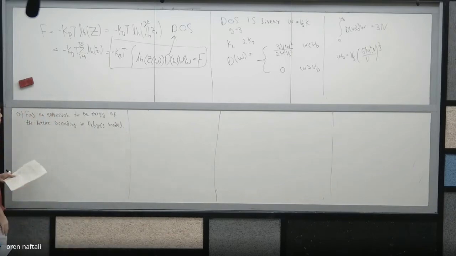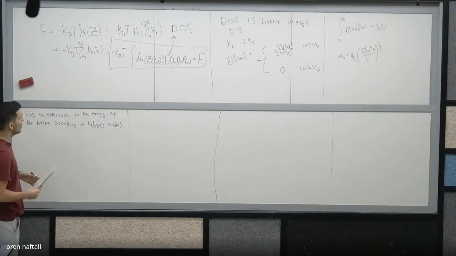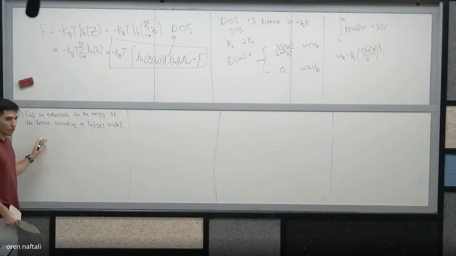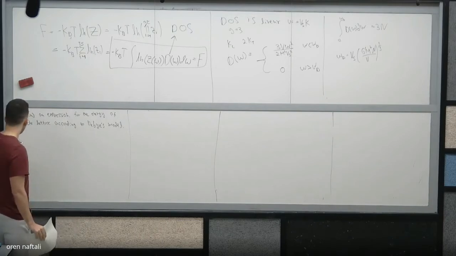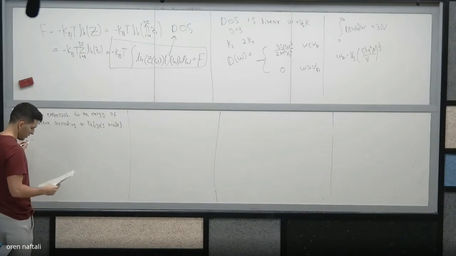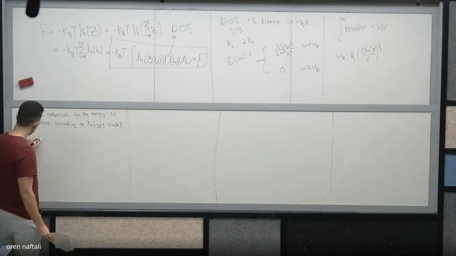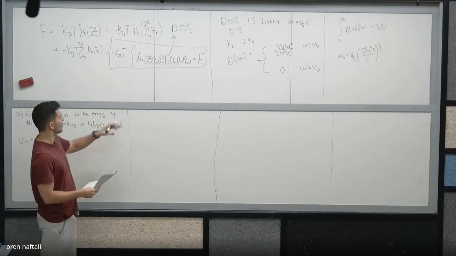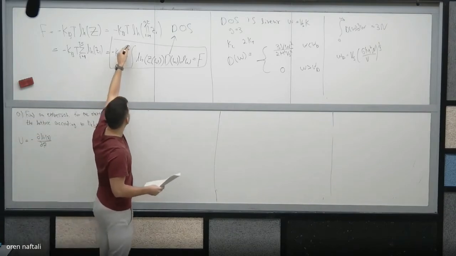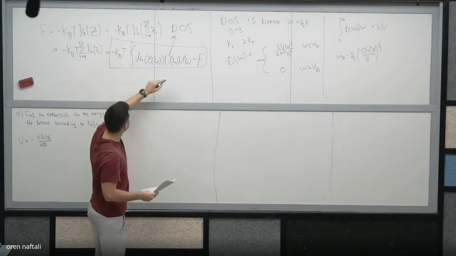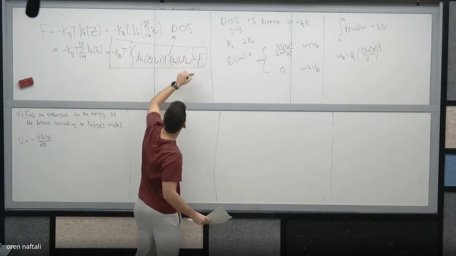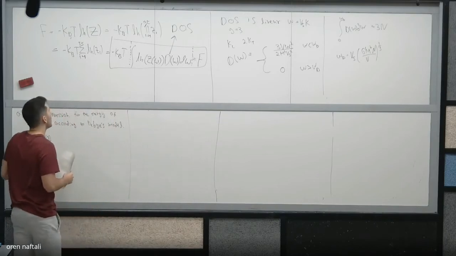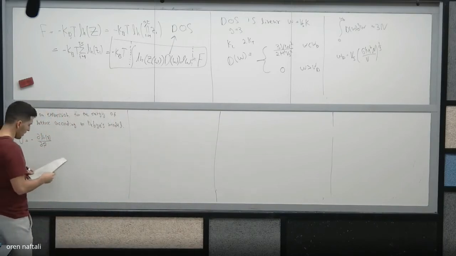Okay, so basically we know how we find the energy, and as you know, I hope, it is minus the derivative, so it basically needs us to just calculate this, the dashed line.